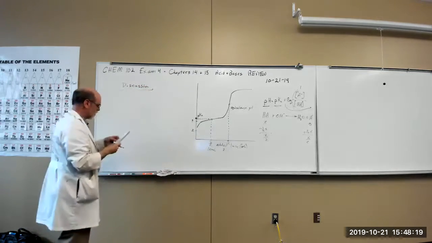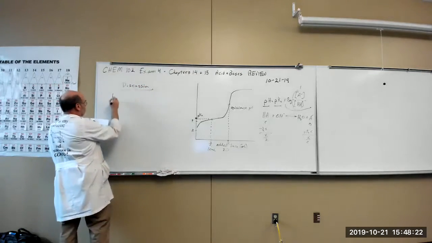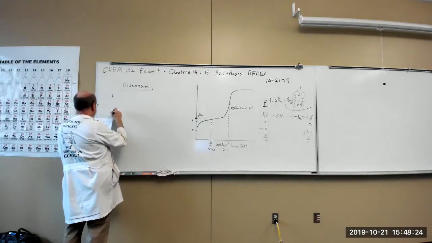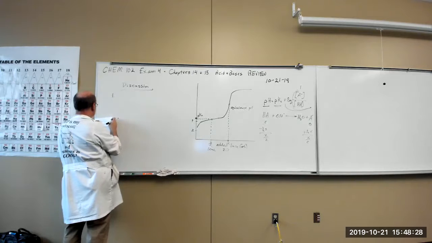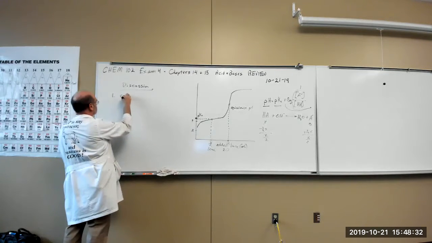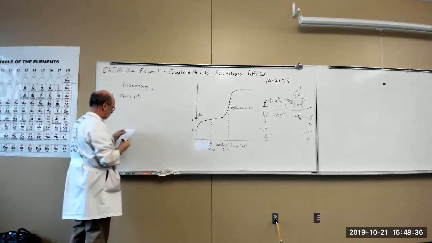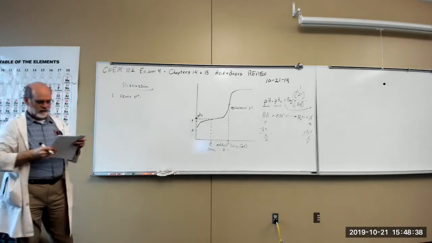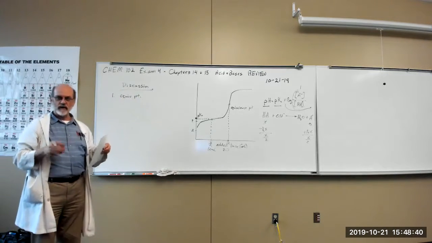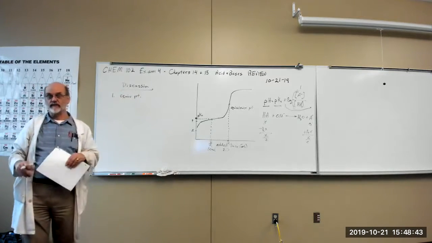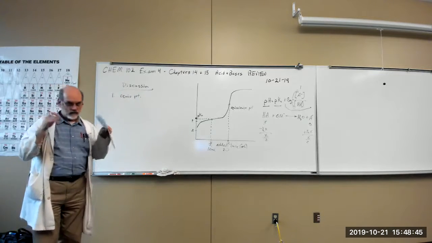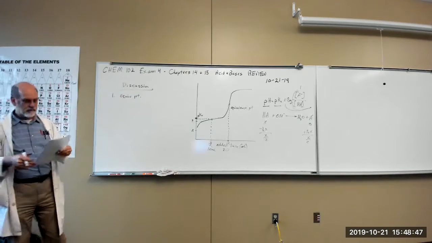All right. So this is really just the definitions. Define these terms. So what's the equivalence point? That's the point in a titration where the moles of acid equals the moles of base. This is at the point where they're equal. They're exactly equal, yep.